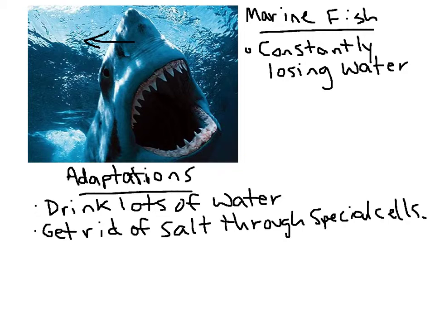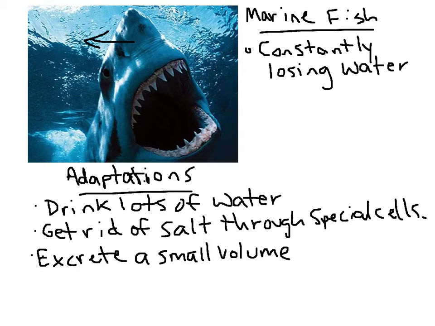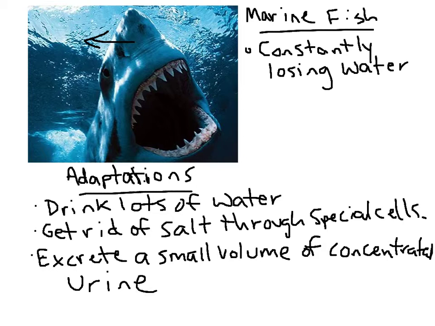And they excrete a small volume of concentrated urine. So they drink lots of water, they get rid of salt through specialized cells, and they excrete a small volume of concentrated urine.